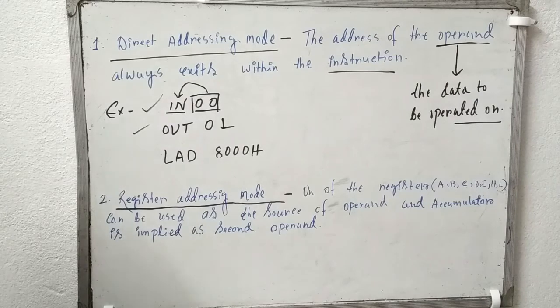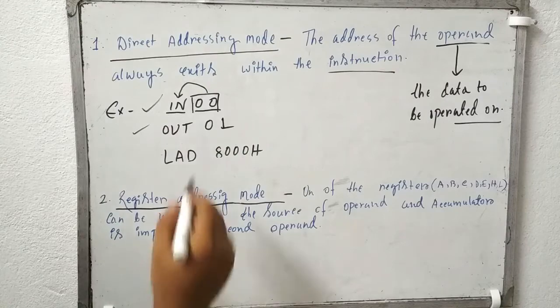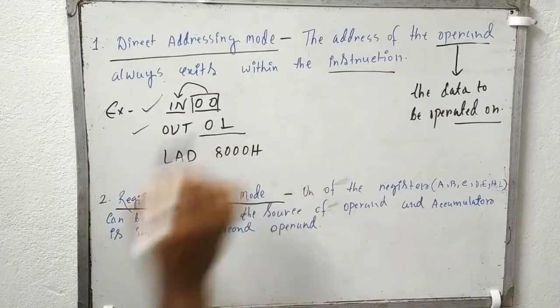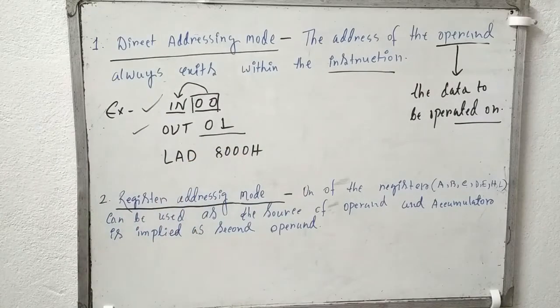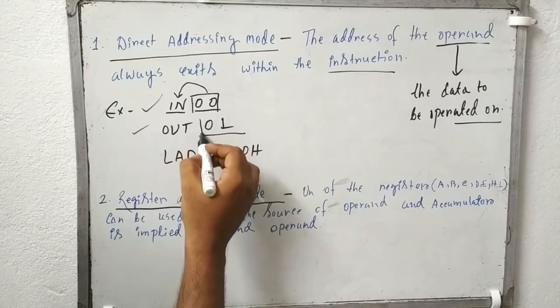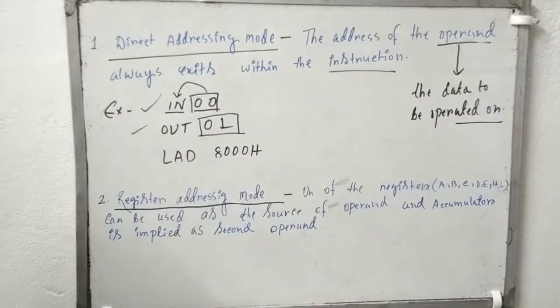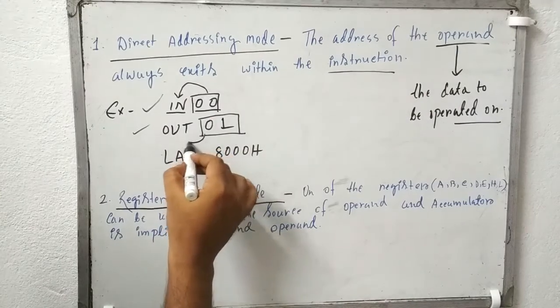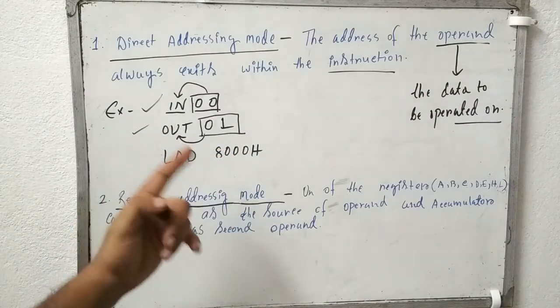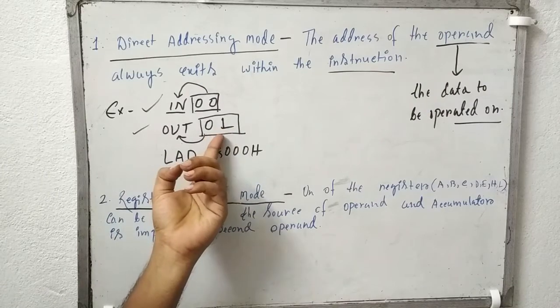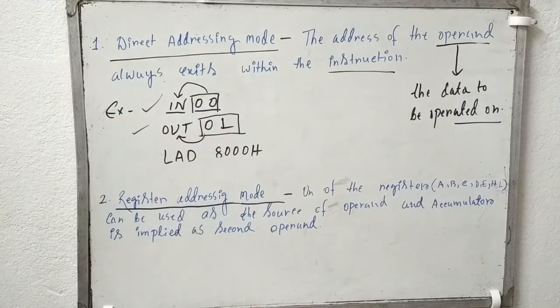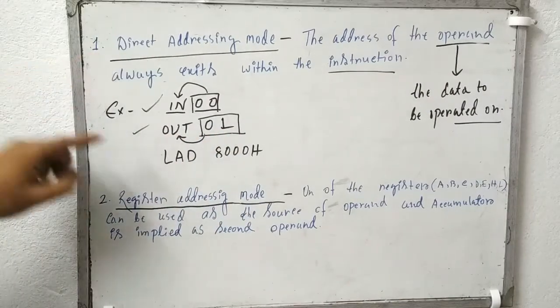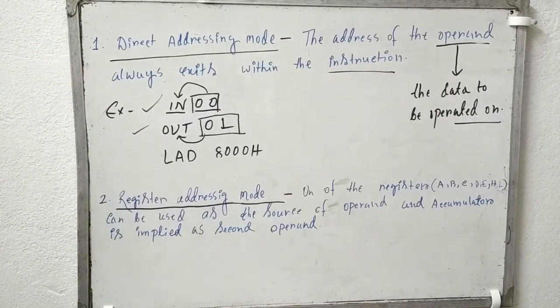The data is to be written from the accumulator to output port 01. So this is the address where the data is to be written, and this is the instruction. The address of the data is always with the instruction, so that indicates the direct addressing mode.